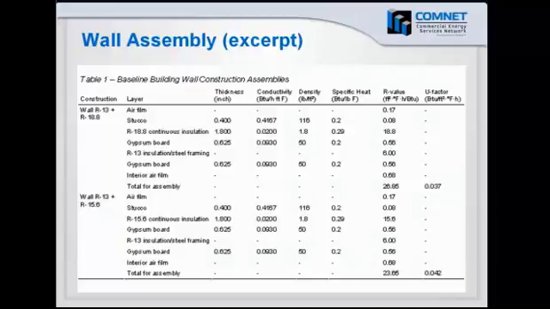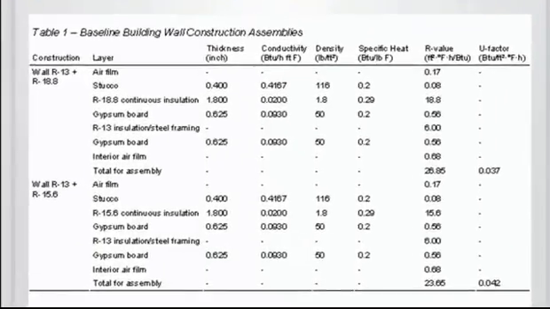Again, this is just a partial version of one of the COMNET tables. When I cut and paste, the numbering got reset to 1. This is not table 1 of the COMNET manual, but it's one of the tables in the COMNET manual, and it just shows the partial definition of some of the construction assemblies.